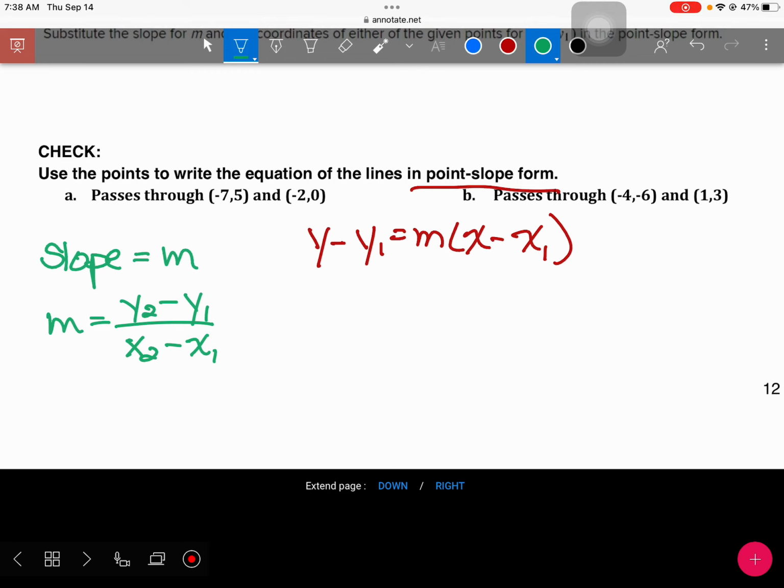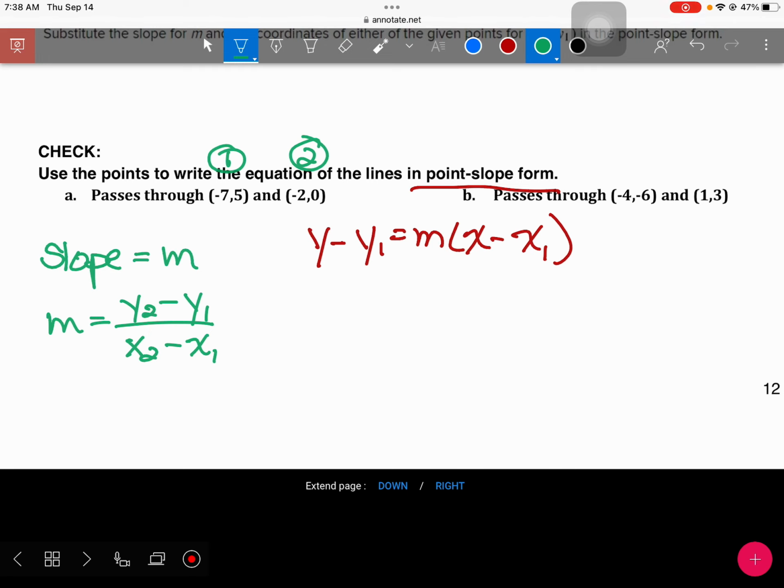Now, it doesn't matter which point you pick as point 1 or point 2, but you have to be consistent. Once you pick point 1, it stays as point 1. I'm going to say this is point 1 and this is point 2.